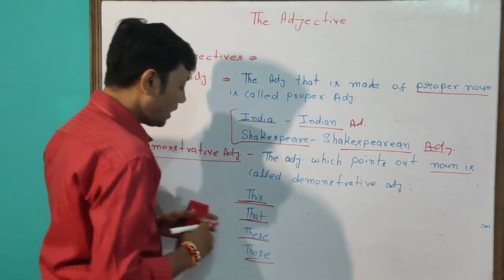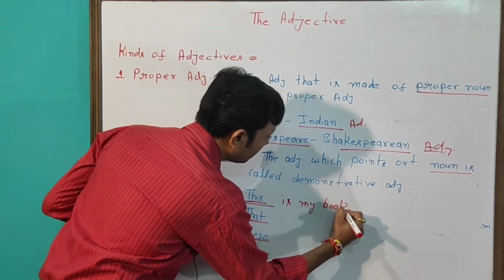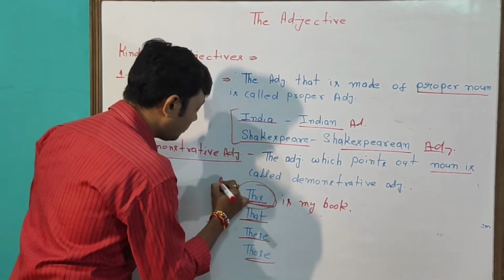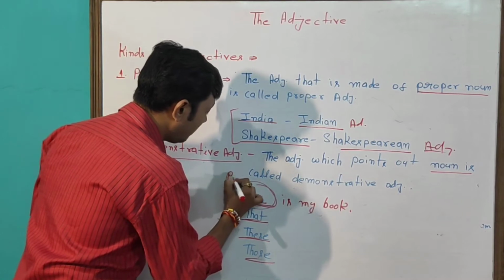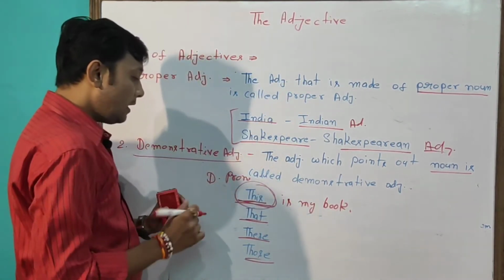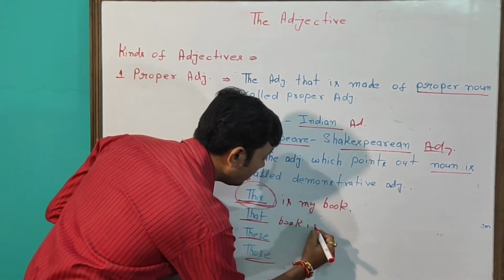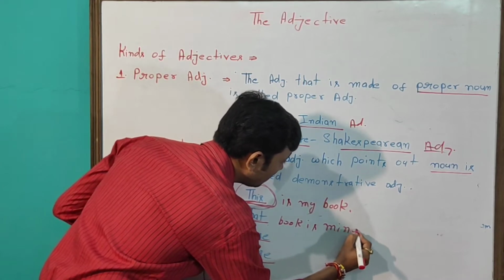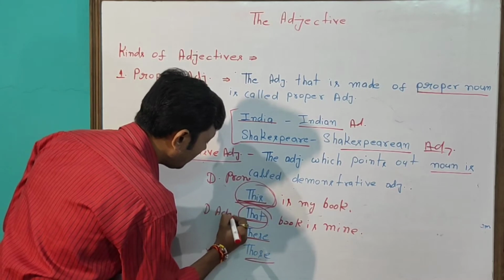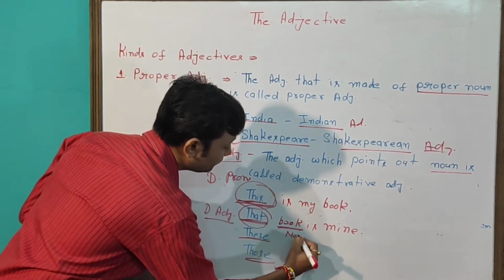For example, this is my book. Here this is used as a demonstrative pronoun. Clear? If I use the sentence, that book is mine, here that is used as a demonstrative adjective because after that I used a noun.